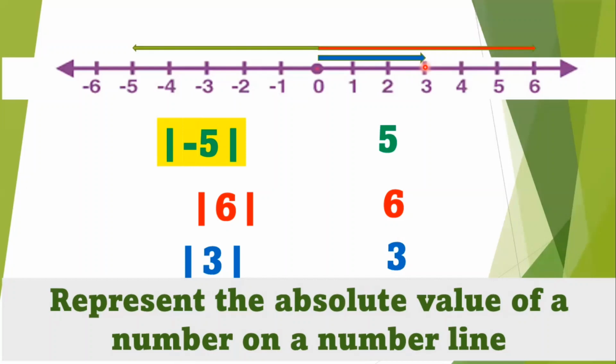You're just going to find kung nasaan banda yung number mo or integer mo sa number line. Then, you're going to draw a line from 0 papunta doon sa iyong number na hinahanapan mo ng absolute value. So, ganoon lang kadali. Okay, so that is the absolute value of a number on a number line.